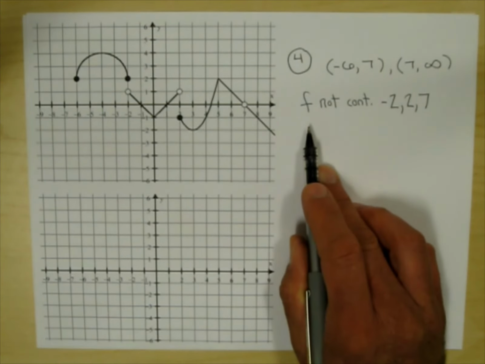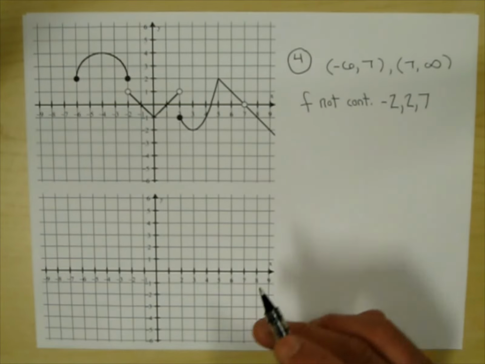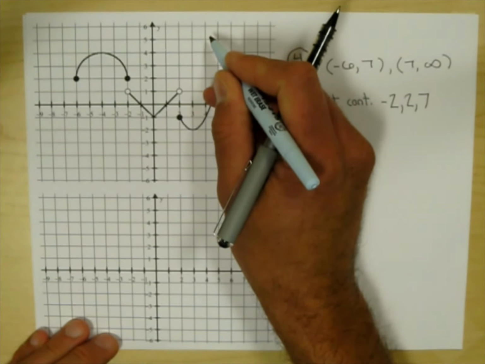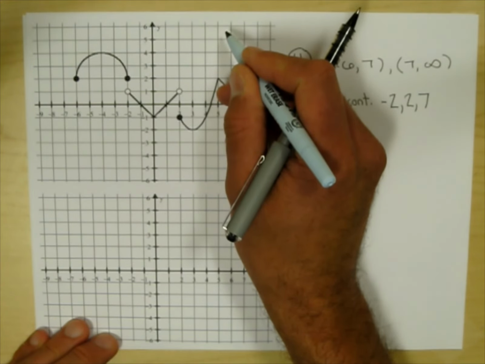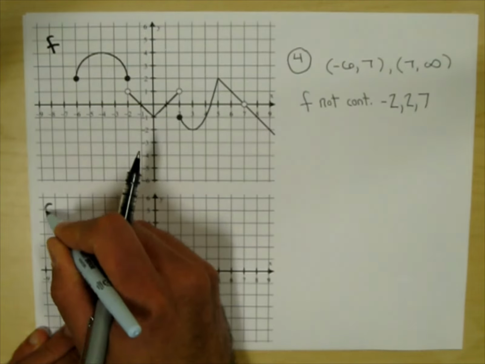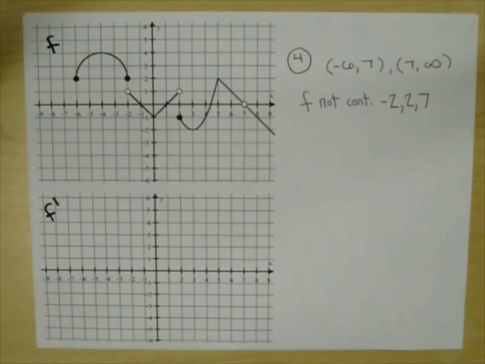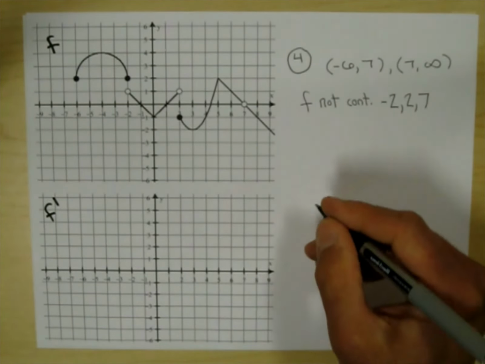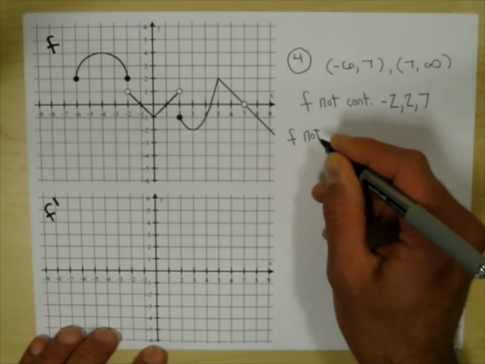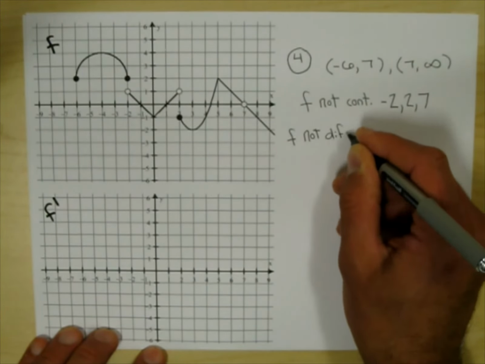Okay, so it's good to figure out where the thing's not continuous, because it kind of helps. Once again, this is the graph of f. So I'll put it right here, f, and then this is f prime. Okay, let's look at where f is not differentiable.